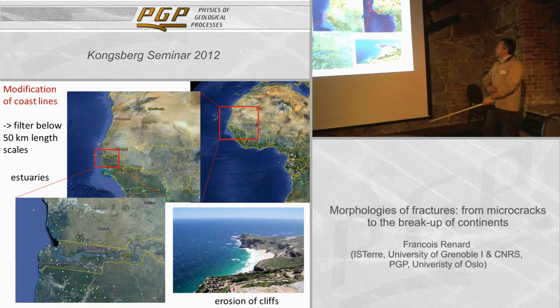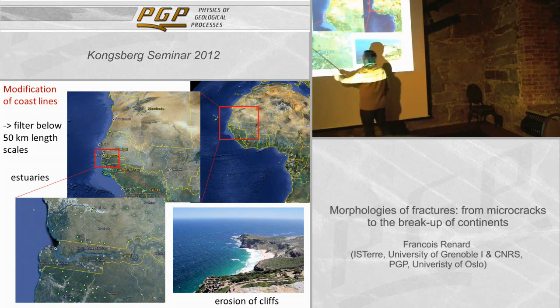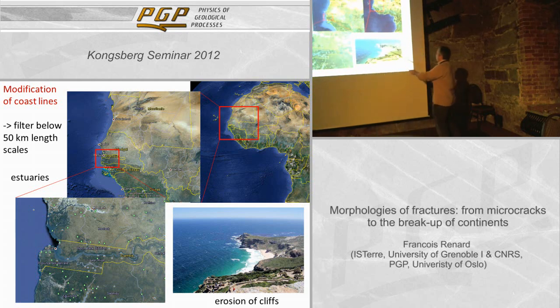When you use coastline, you have to be a bit careful because, since this big fracture formed, you can have some secondary effects, like when there is a river, it creates this kind of estuary that will modify the coastline. You can have the fact that when you have cliffs, you have erosion, so the continent will be eroded from one side. Well, all these things, let's say that they have length scale below 50 kilometers, and I will just consider length scale above 50 kilometers for this continent.